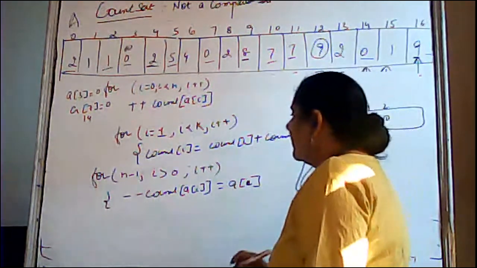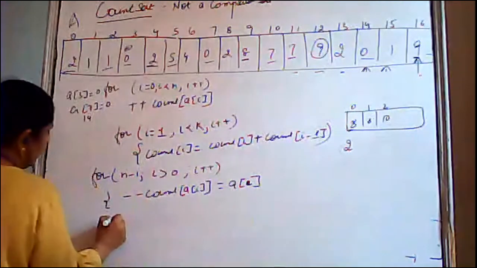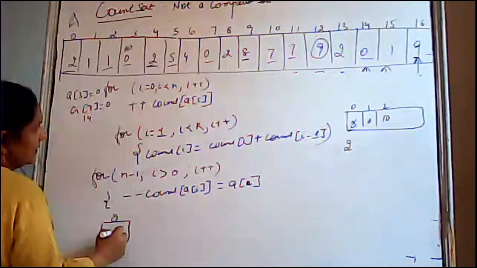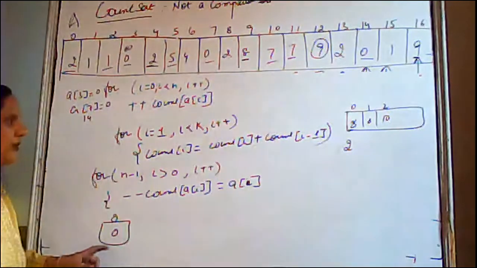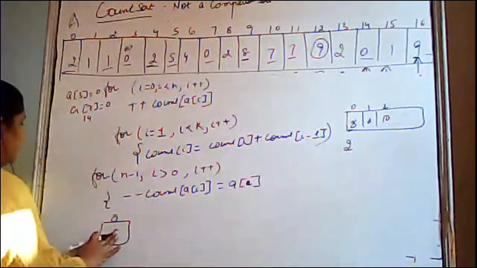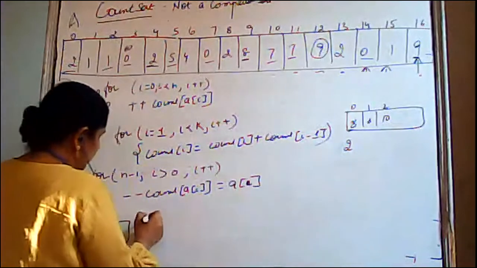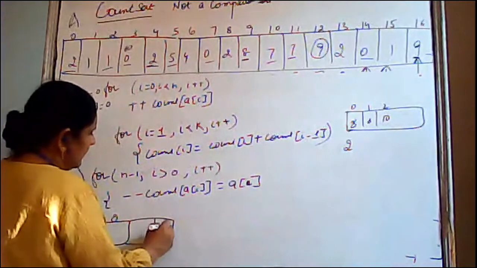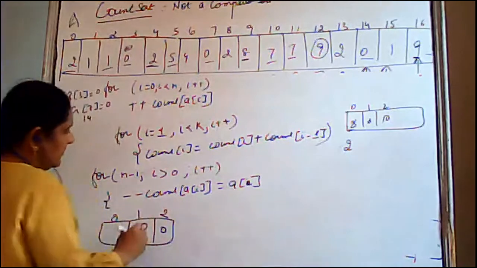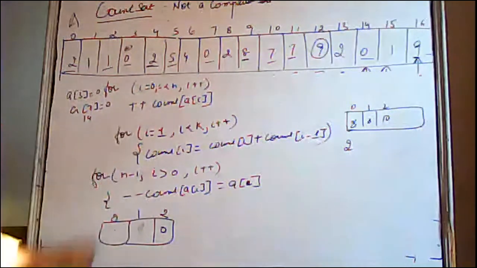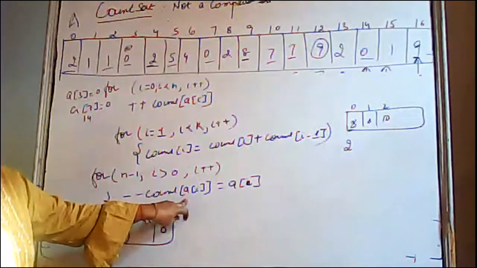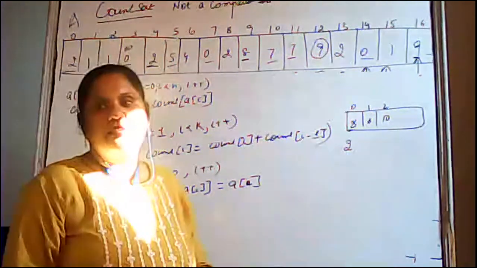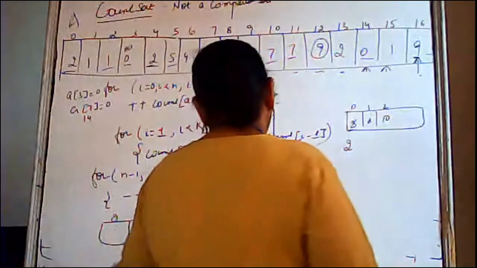A of I is 0, so store 0 at this location. This is how it is being done. The count 2 came, right? So we will store it at location number 2. This is how it is done. First of all, decrement the count, then store the variable at the respective position.